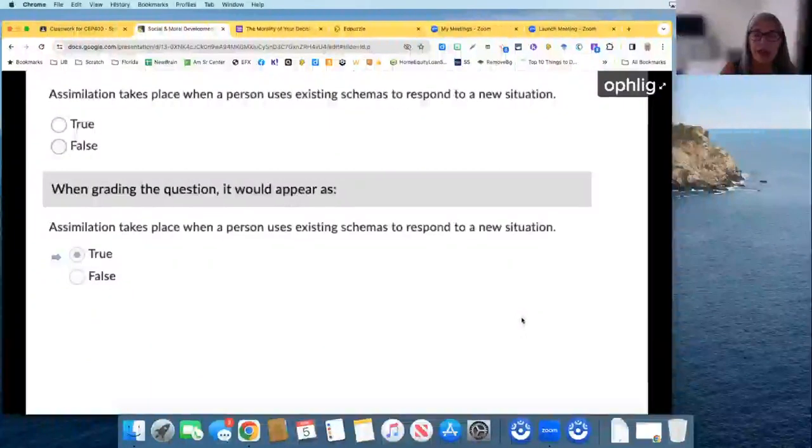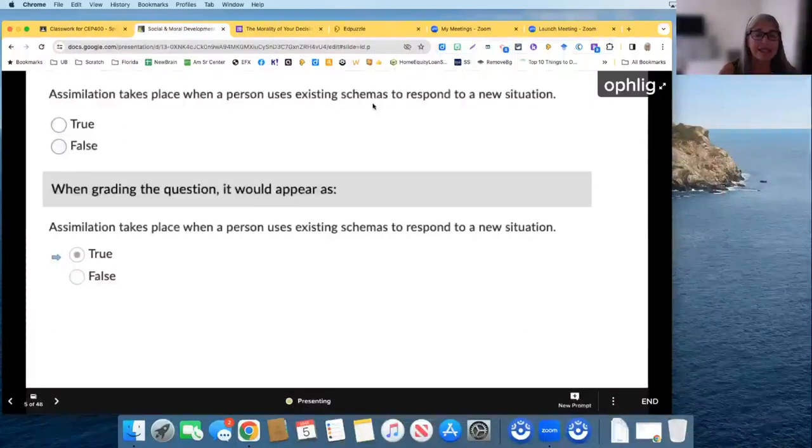Okay, another one that a few of you got wrong was this. Assimilation takes place when a person uses existing schemas to respond to a new situation. Remember, we came up with many different examples. So assimilation was like when we just got a new chair for a room, we didn't redecorate our whole room. So we use an existing schema, or existing room, to just add the chair to the room.